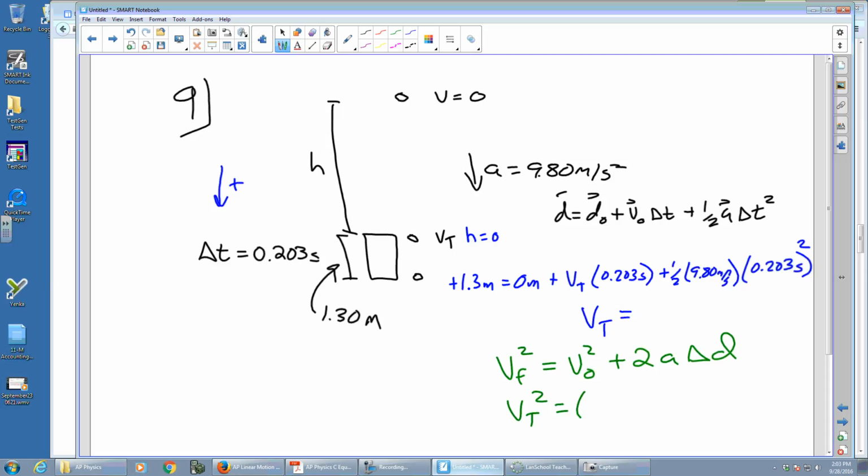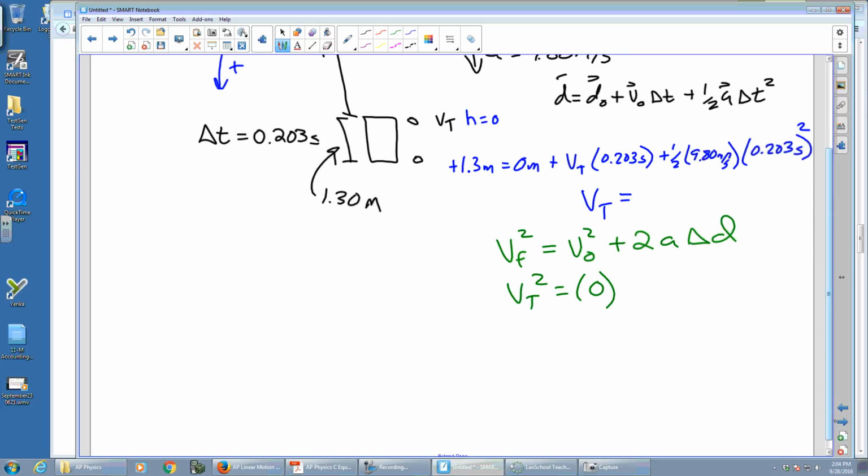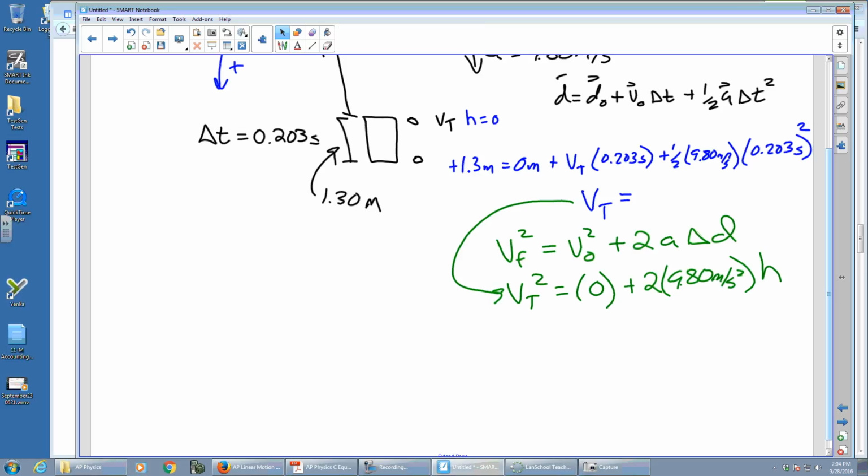My V initial will be 0. I've got 9.80 meters per second squared here. And my delta D will be my H, and that'll tell me how high above.